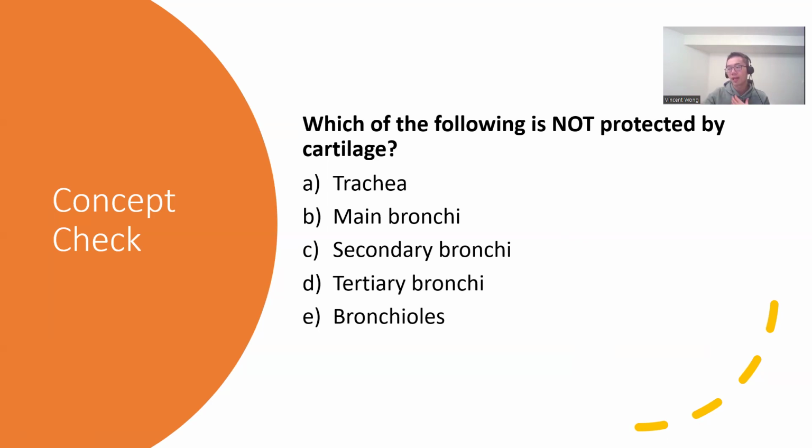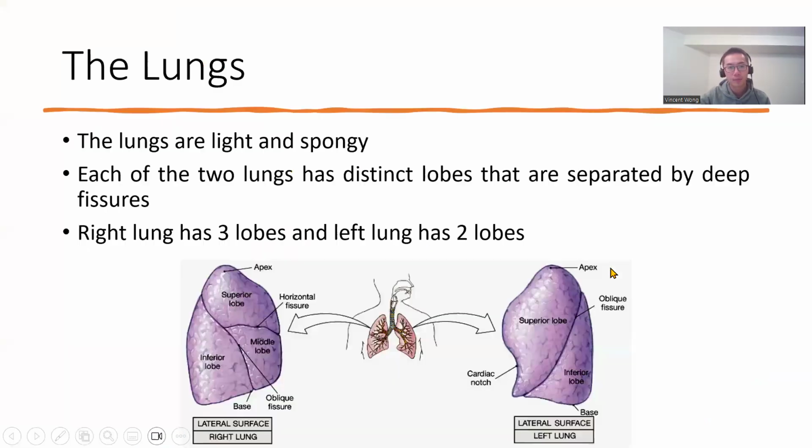So a person having an asthma attack, you see them gasping for air, and then the wheezing sound, that's because of the bronchioles collapsing. So the bronchodilators open it up almost immediately. Okay. So the answer is E, okay? E is the one that does not have the cartilage.